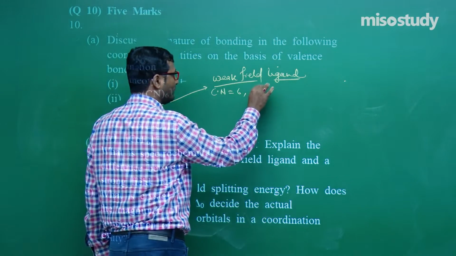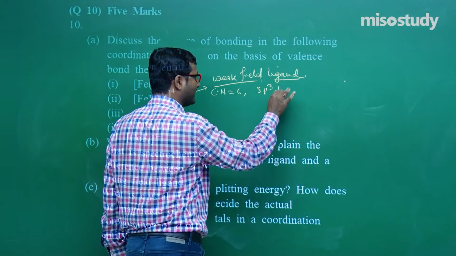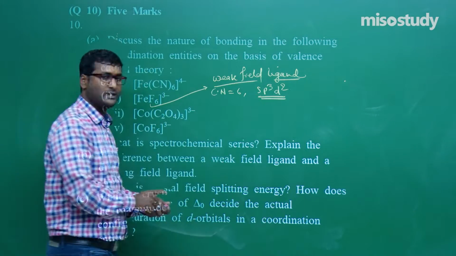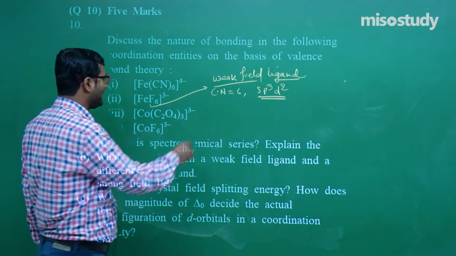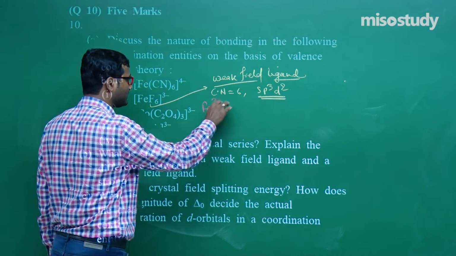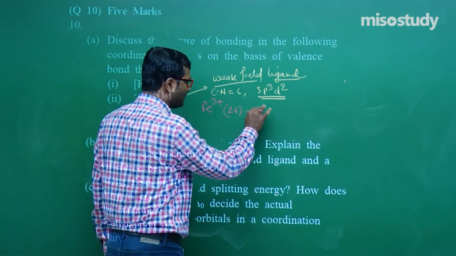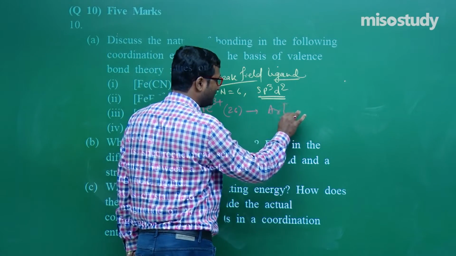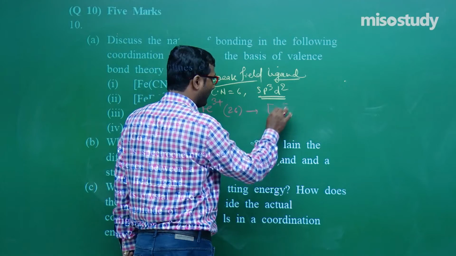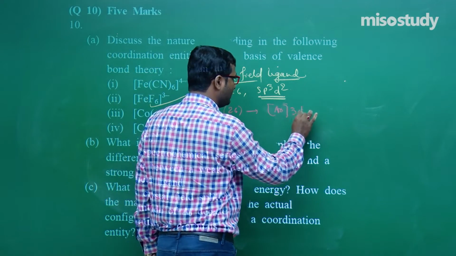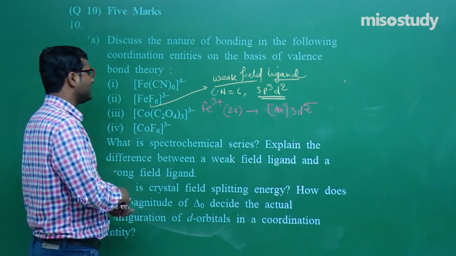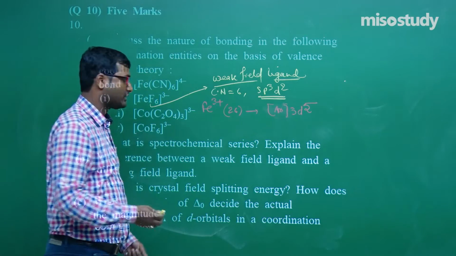So we know it will form an outer orbital complex, that is sp3d2. Here iron is in the +3 oxidation state, so the configuration is argon 3d5. Clear to you? Because this is Fe3+.